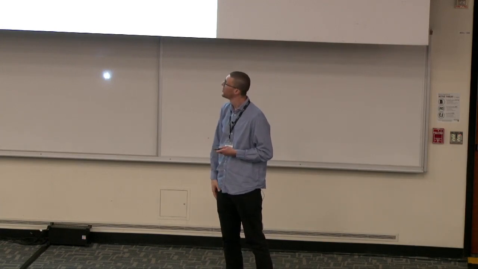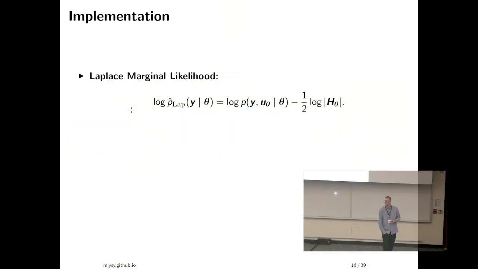All right, so my favorite part, the implementation. How do you actually do this? Well, the key would be to get to this Laplace marginal approximation. The mathematical form looks so simple, but it's deceptively complicated. You've got to take a log determinant there, and that thing could be quite big. That's however dimensional your random effects are.